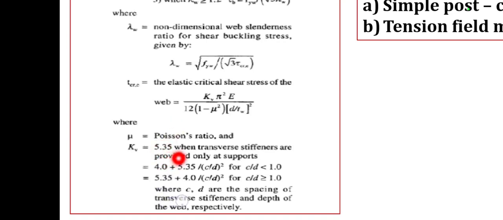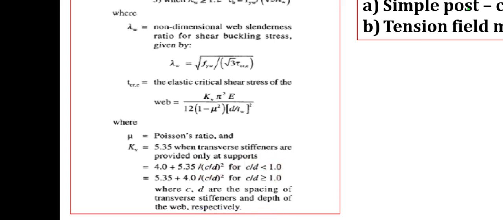It is equal to 5.35 when the transverse stiffeners are provided only at the support. Then if the ratio c by d, that is the center to center distance between the vertical stiffeners upon the depth, is less than 1, kv is calculated by the formula 4 plus 5.35 divided by c by d squared.